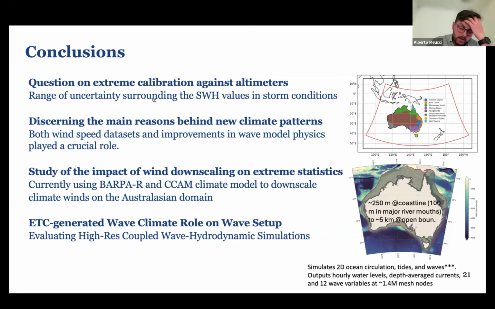So there has been a recent paper about the measurements of significant wave height from altimeter in storm conditions. It has been shown, this is a paper by Marine De Carlo and Fabrice, that there is a little bit of a range of uncertainty over the significant wave height measurements.